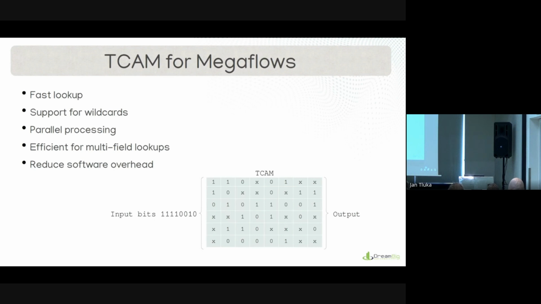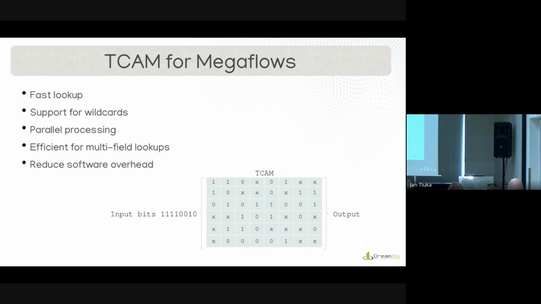Additionally, TCAM can perform simultaneous comparisons across multiple entries. This feature makes TCAM more powerful to efficiently search large data sets where many rules need to be evaluated concurrently. Another advantage is that TCAM is especially effective for multi-field lookups as required by OVS and advanced networking protocols.